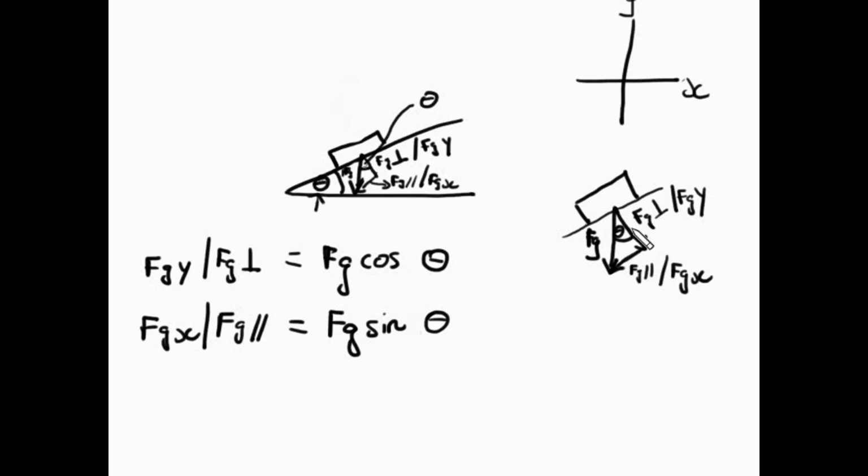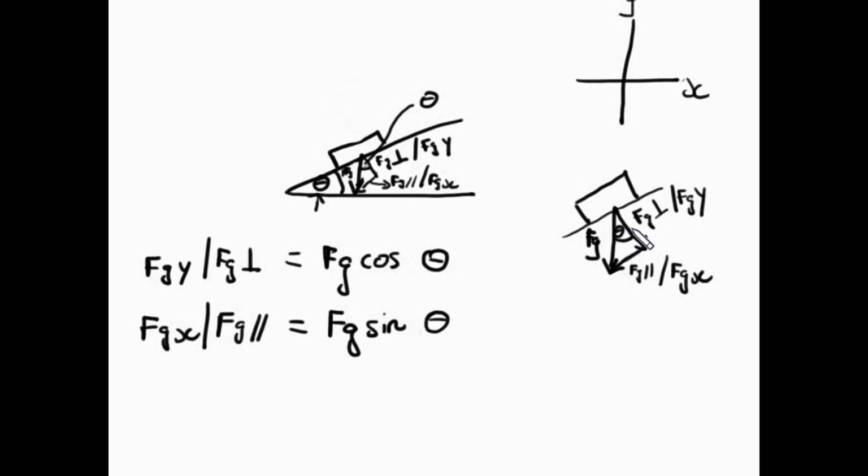When calculating the different components, the formula for calculating the magnitudes of the different force components of gravity is as follows. The magnitude of the force that is perpendicular to the slope is Fg cos theta.